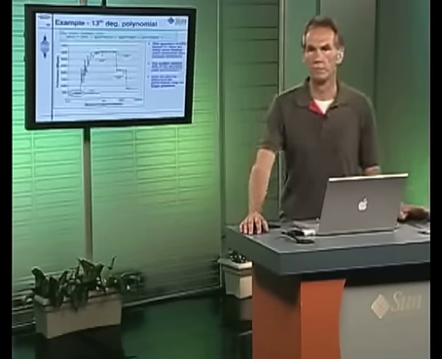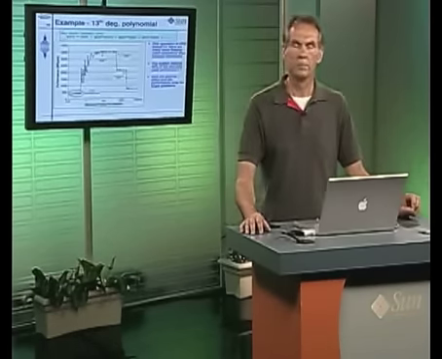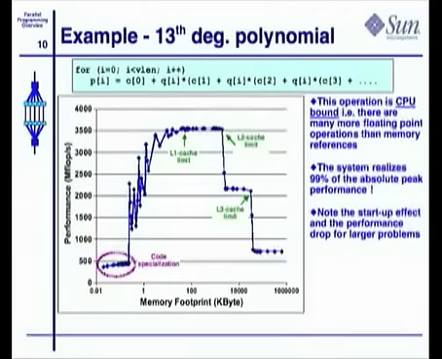To demonstrate this kind of behavior, I've taken a very simple program. It computes a polynomial. A vector of inputs is transformed into a vector of outputs doing a polynomial calculation of degree 13. That's a very high degree, and I've taken that because it makes this a CPU-friendly algorithm.